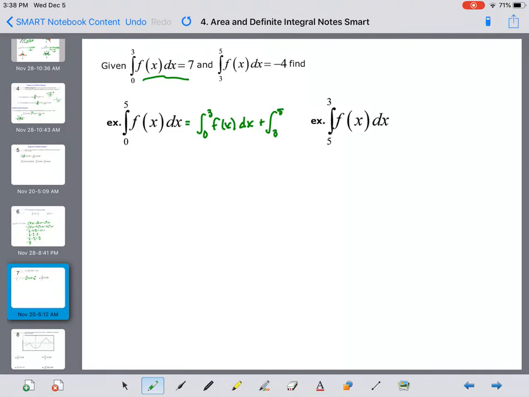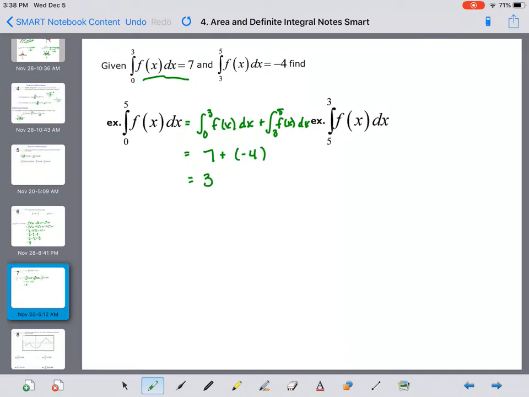That's rule number 3 that says we can do it as long as where we stop and where we start match. Since I know 0 to 3 is 7, plus a negative 4 for that other spot, the integral is 3.